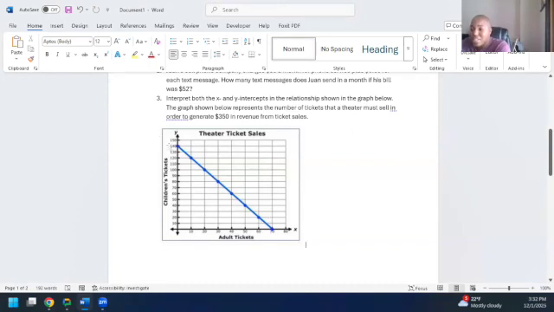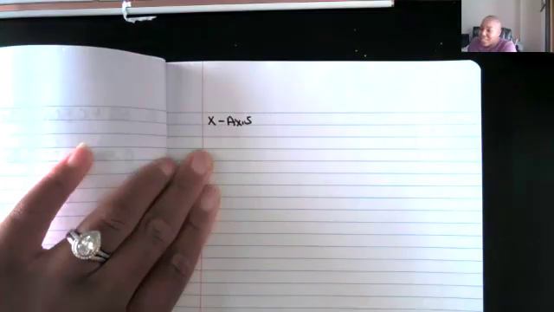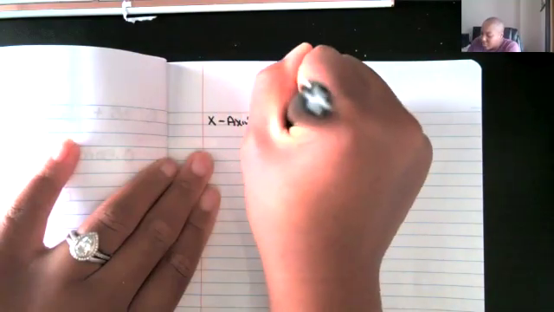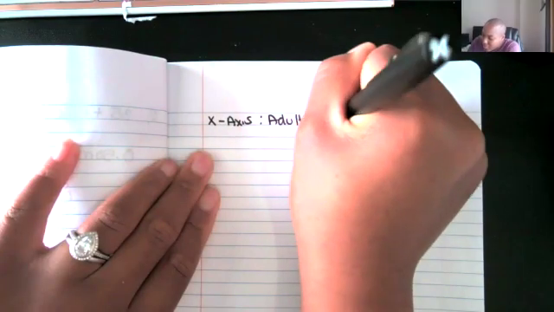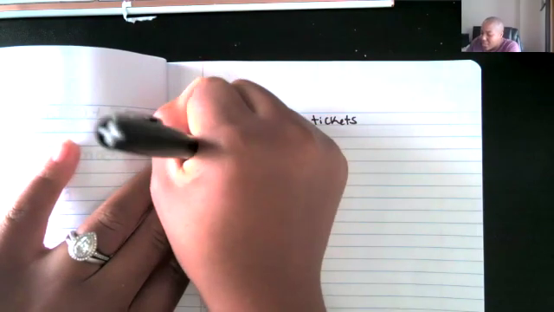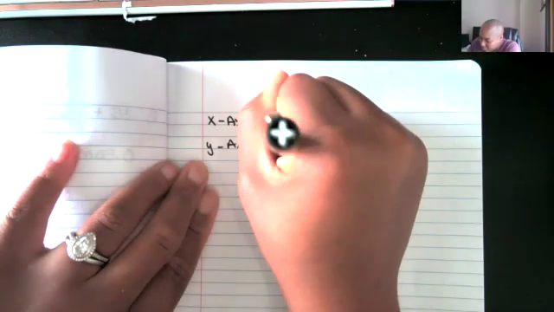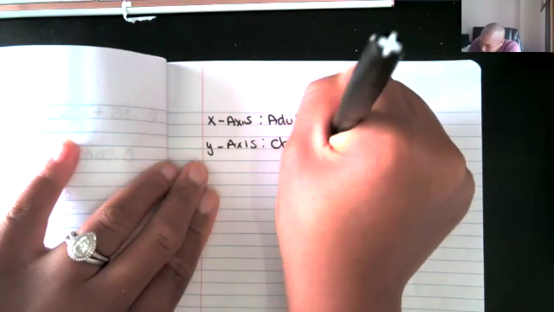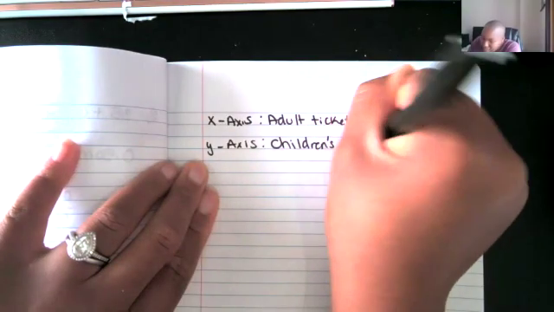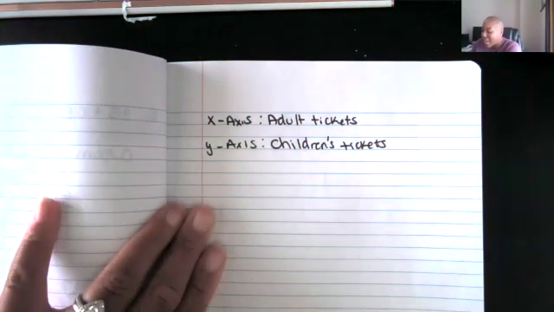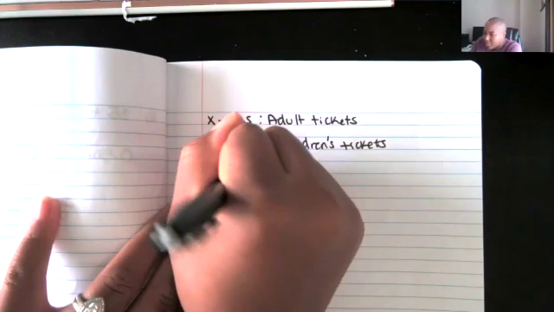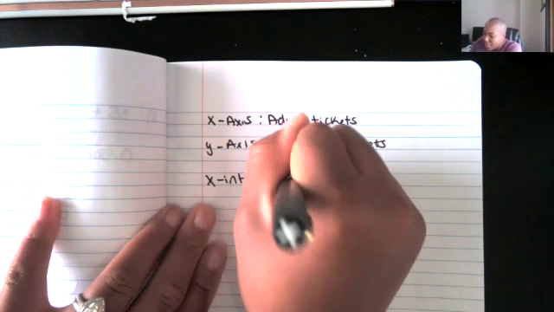So step 1 is to identify what the x and the y represent in this problem. So let's go ahead and go to our paper. The x-axis, it is stated that those are adult tickets. The y-axis, it is stated that that is children's tickets. So now we have the x-intercept of 70, 0.